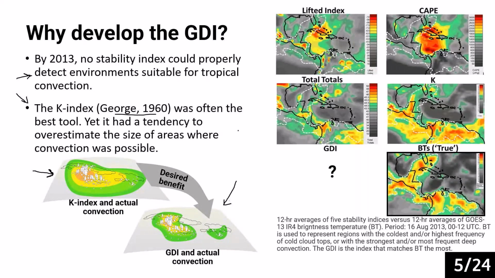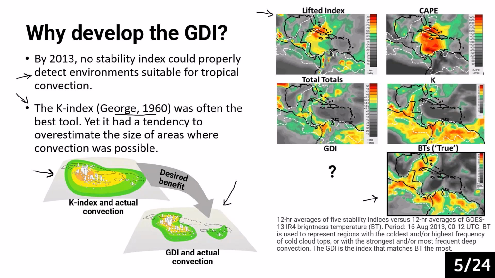So if you go here and look at the image on the right, you can see how the different indices did in representing this situation. So what is this situation? This is an average of 12 hours of cold cloud tops over most of the Caribbean basin, northern South America, and Central America, and you can see values that had a lot of cloud tops during the period of very cold cloud tops, and those are associated with convection.